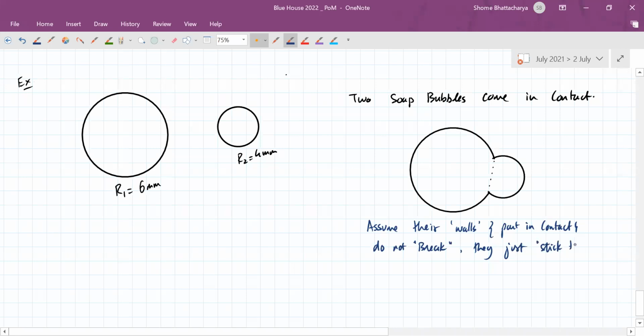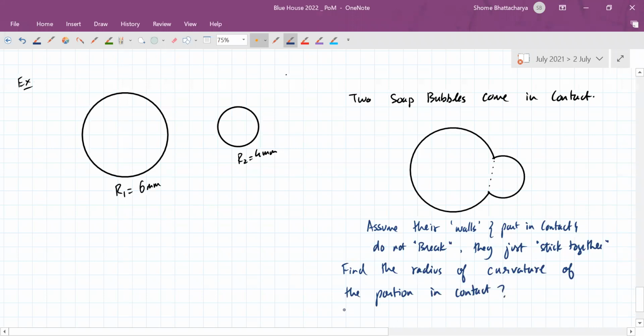They just stick together. So find the radius of curvature of the portion in contact, and also which side will the center of curvature be for this portion.